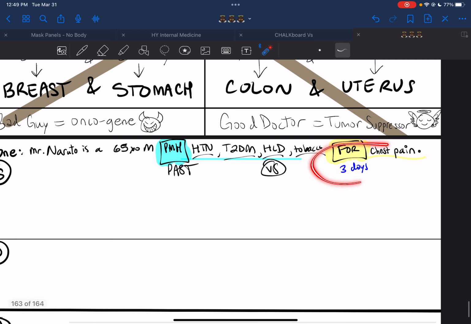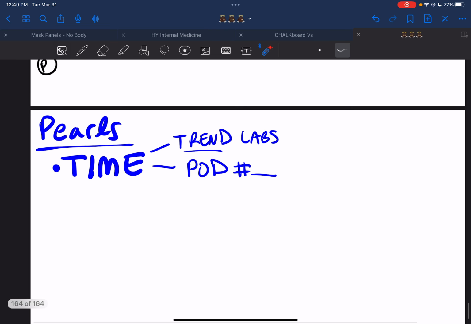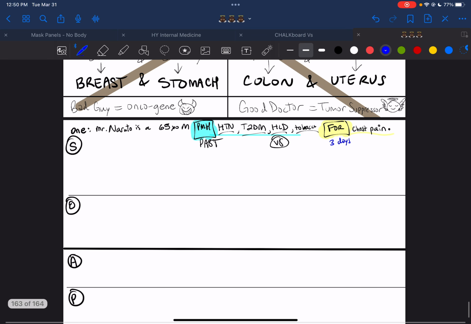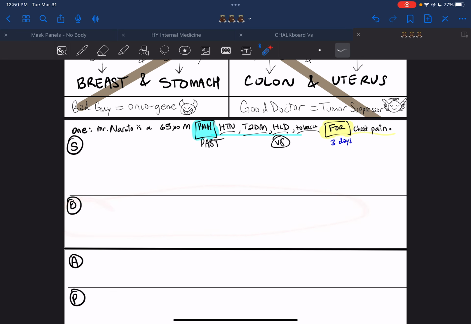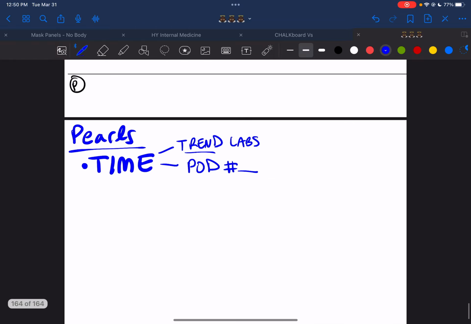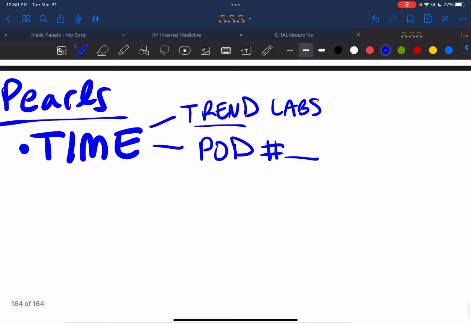So in that one-liner, if they just had a surgery, you will say what day they are out from their surgery. Timing. Again, they always like you to include timing. That's my point. Whether you're trending labs in the objective or presenting your patient in the one-liner, timing is very important. And in your assessment as well, right?